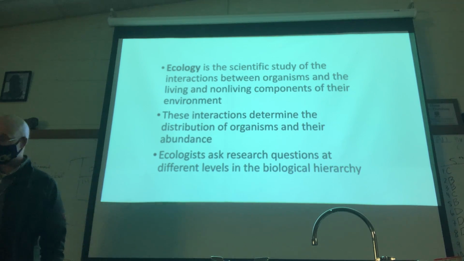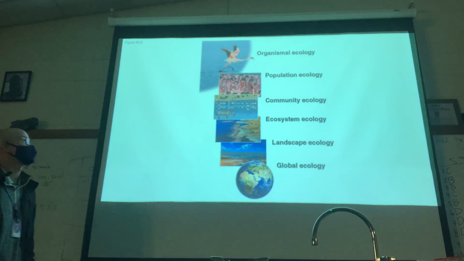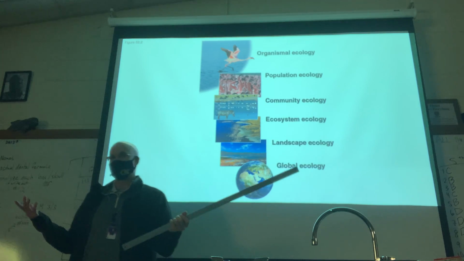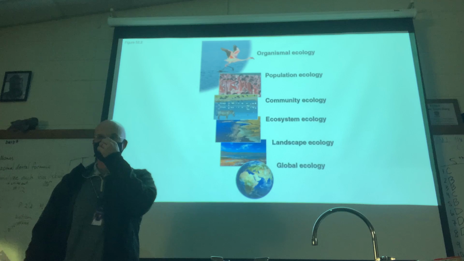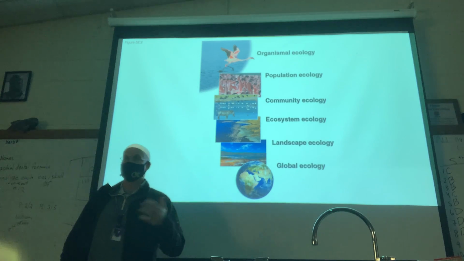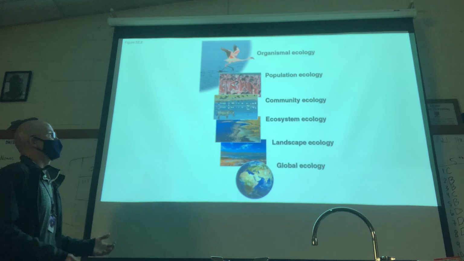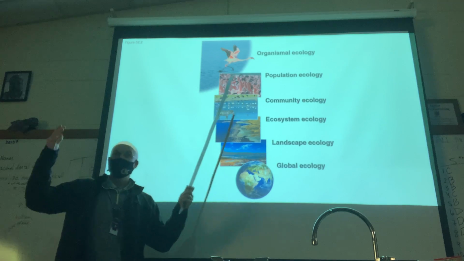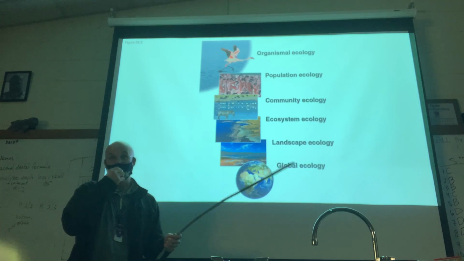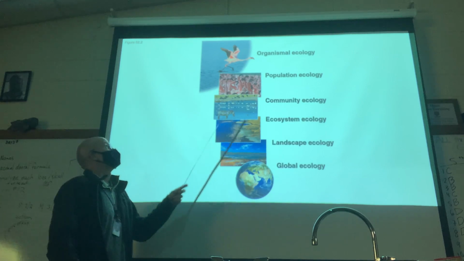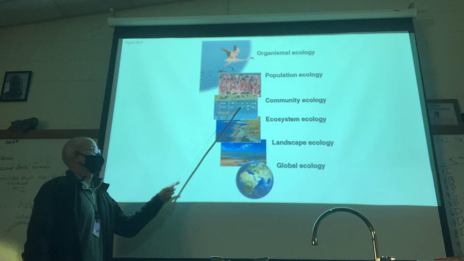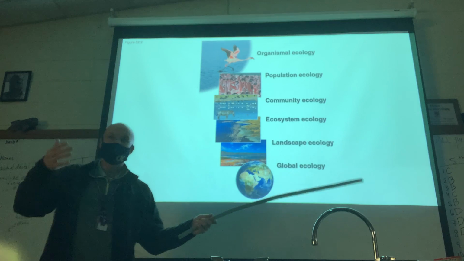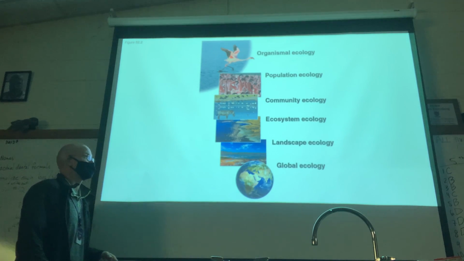Now, you can do this on a variety of scales. So there's all these different fields of ecology. I couldn't imagine the AP exam asking you to discern between these terms. But I do want you to understand that you can look at how one living thing is affected by its environment or how it affects its environment. You can look at a population, a variety of populations, entire systems of land and the populations and diversity that live there.